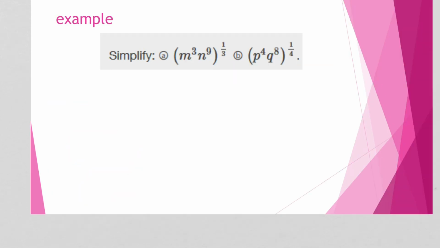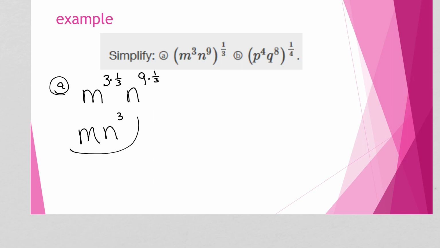All right, let's look at part A on this one. So we've got m to the 3rd to the 1/3, so that would be m to the 3rd times 1/3, and then we've got n to the 9th times 1/3, okay? So that would give us m to the 1st power, don't need to put that 1, it's understood to be there, n to the 3rd, and that's it.